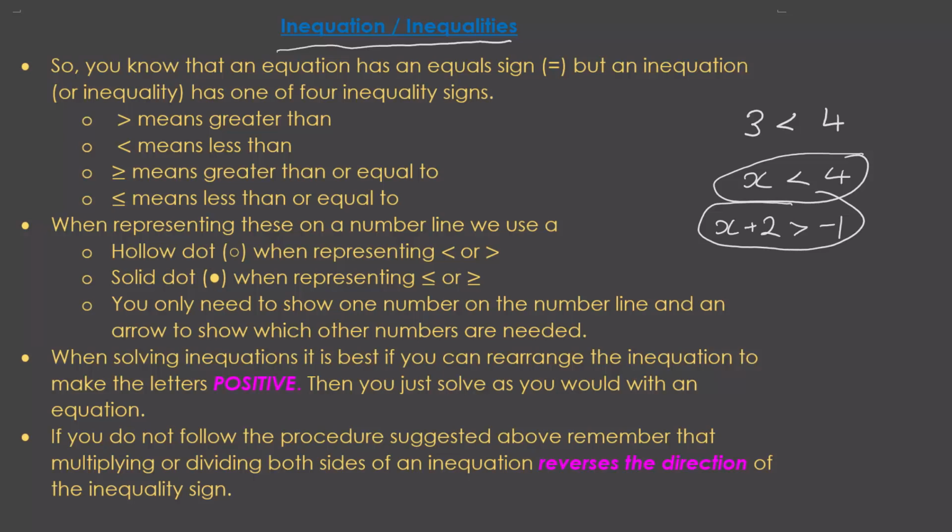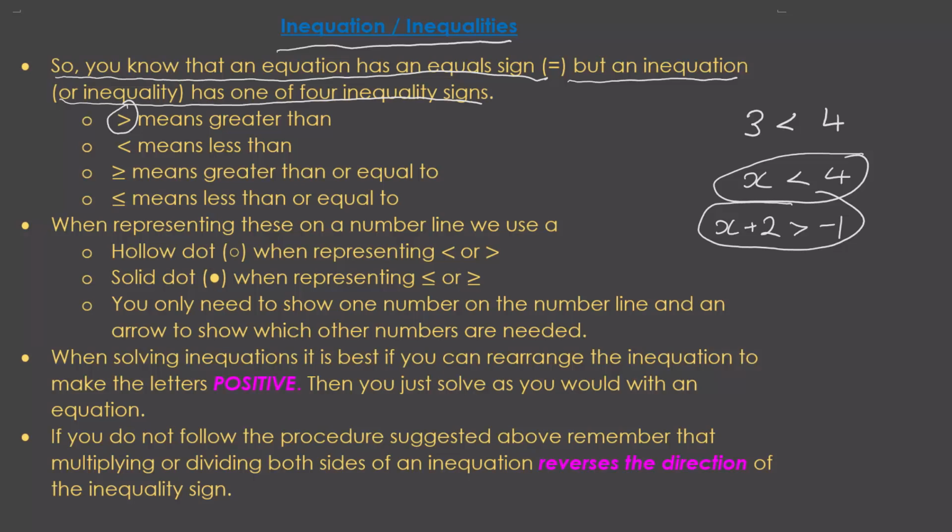I probably won't make that distinction very often, but some people do, and so it's important you know what you're talking about. So you know that an equation has an equal sign, but an inequation or inequality has one of 4 inequality signs.